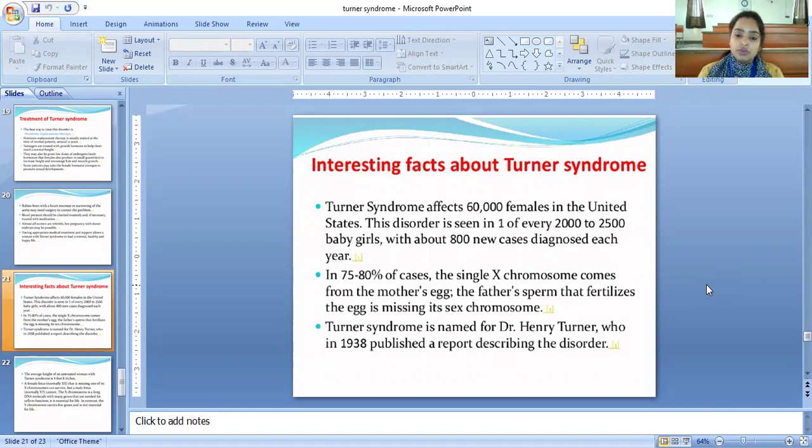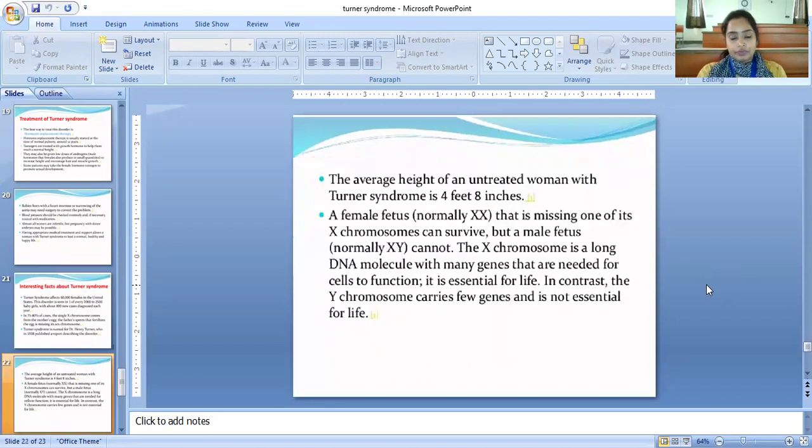Turner syndrome is named after Dr. Henry Turner, who in 1938 published a report describing this disorder.